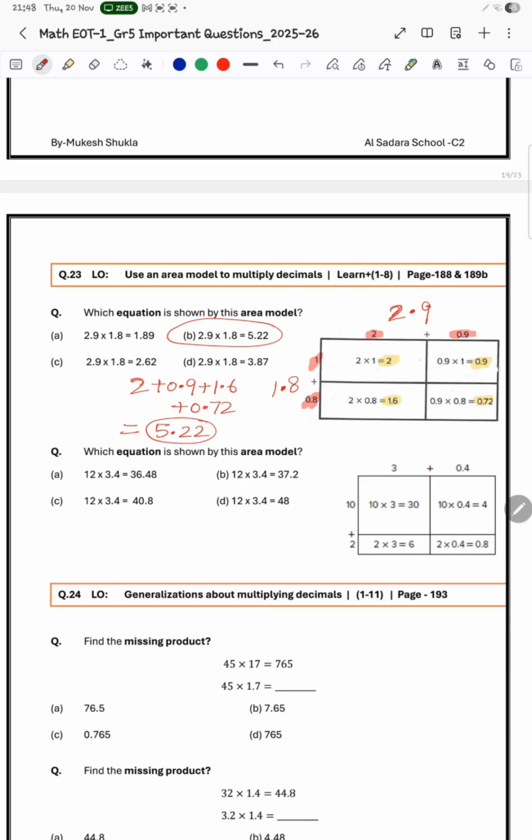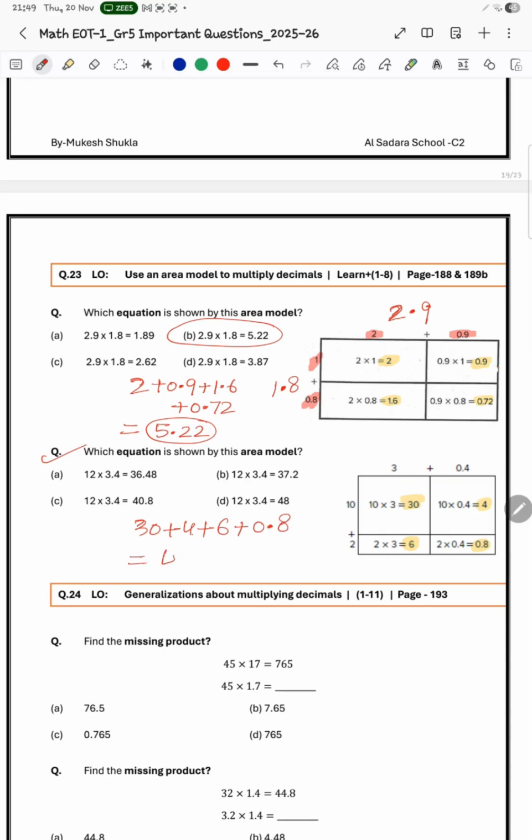So similarly, we have the second question also. You only have to find the sum of the partial products. These are the partial products. Just add them up and get your answer. So 30 plus 4 plus 6 plus 0.8.